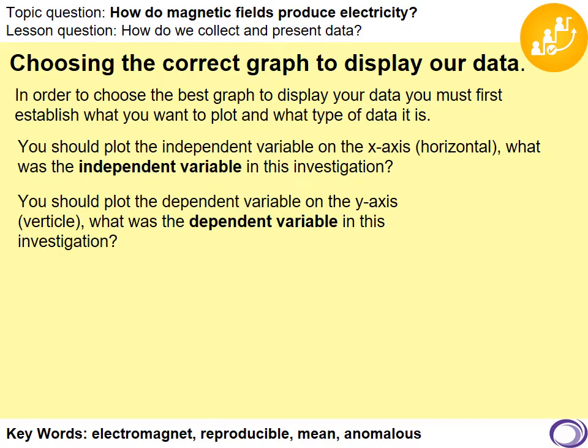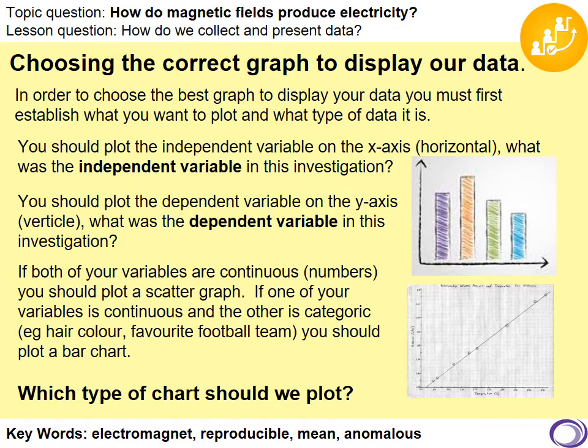We then plot our dependent variable on the y-axis, and in this experiment the dependent variable was the number of paper clips. Now, if both of your values are continuous, that means they are numbers, you should plot a scatter or a line graph like the one shown at the bottom.